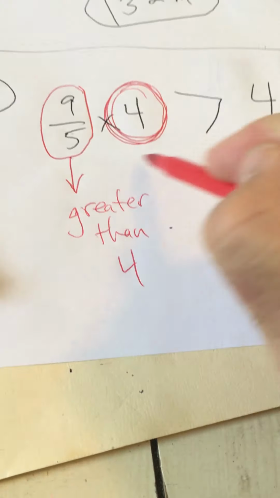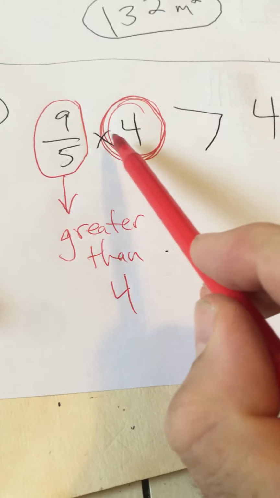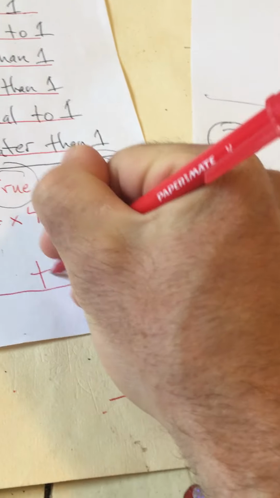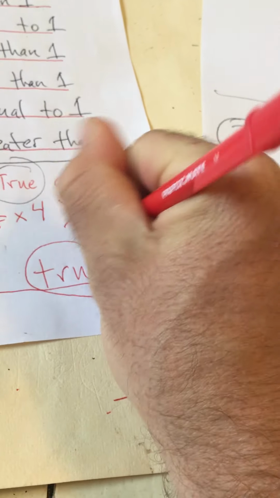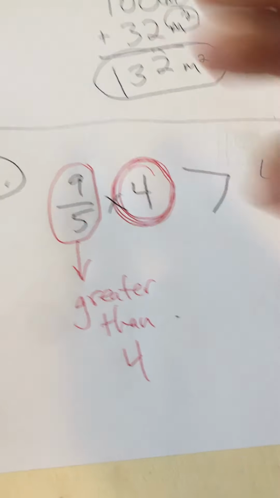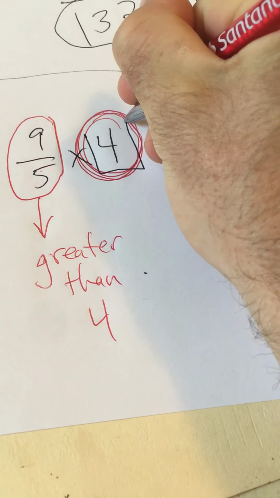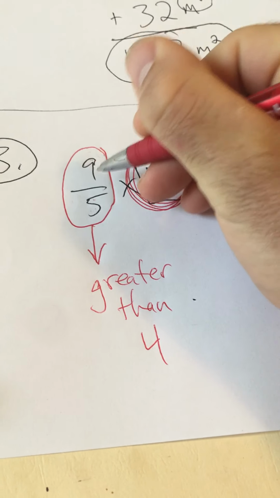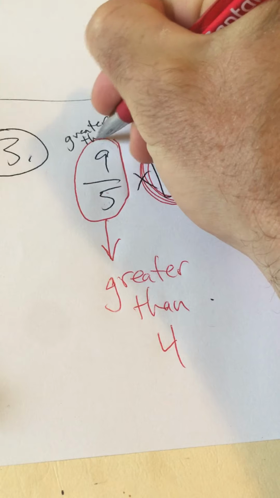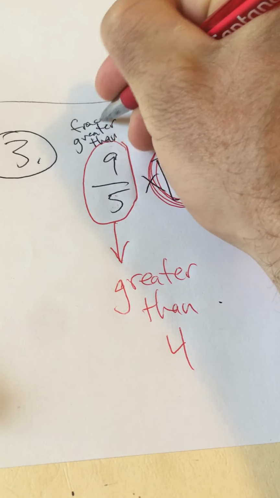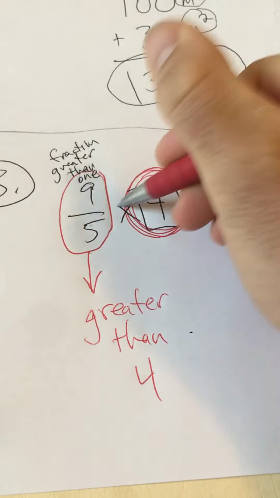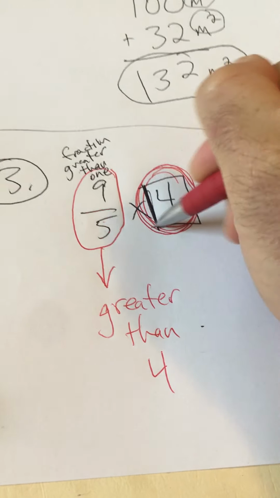So this is saying 9/5 times 4 is greater than 4. That is true. And let me try to explain that again. Okay? You're taking 4 here, and you're multiplying it times a fraction that's greater than 1. So if this fraction is greater than 1, and you're multiplying it times 4, it's going to make 4 bigger.